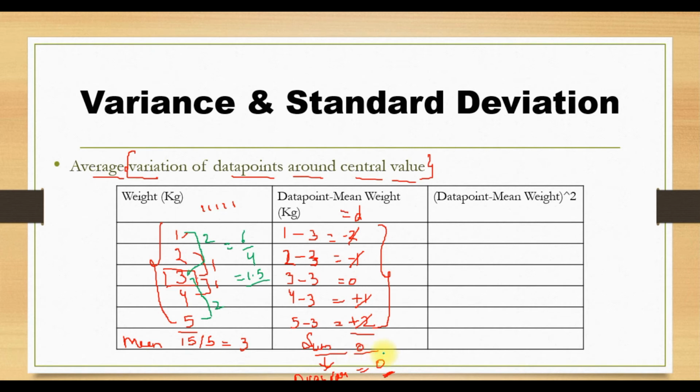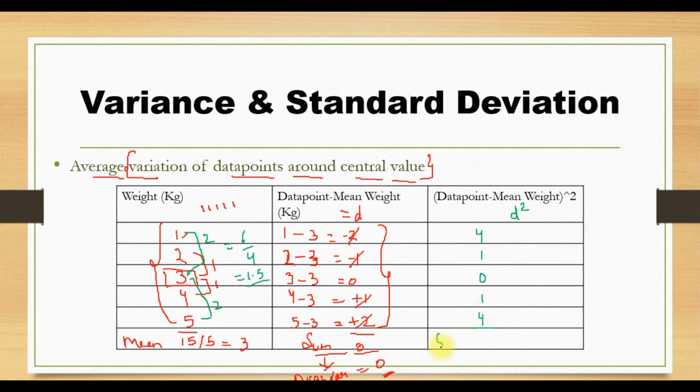If we simply square this d, it will be d square, that is, the square of the data point minus the mean weight. So minus 2 square becomes 4, minus 1 square becomes 1, 0 square is 0, plus 1 square is 1 and 2 square is 4.